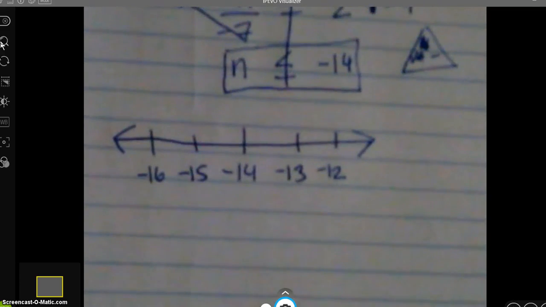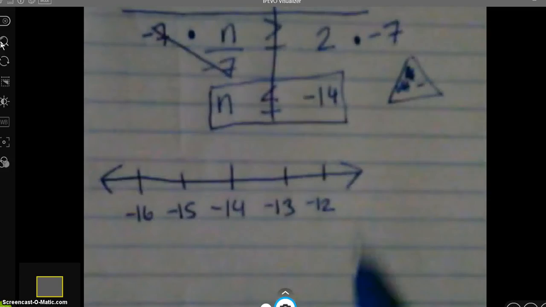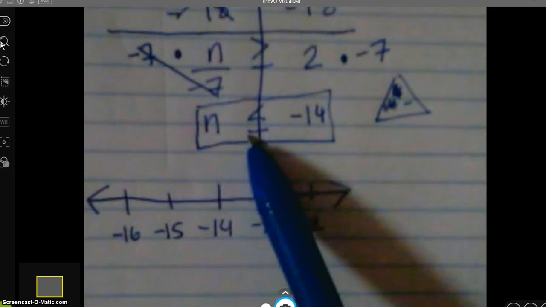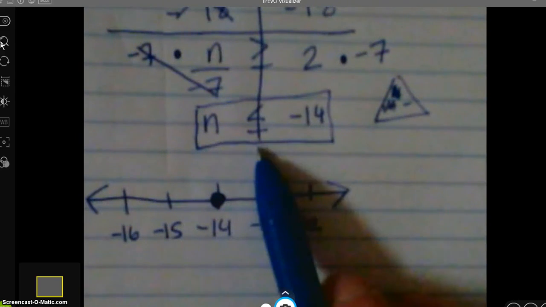Now, next thing, what kind of dot should I use? Well, because of the equal sign, that means we fill it in. It's shaded. If you forget what it's called, it's closed, which means it can equal negative 14. And notice which way it's pointing.